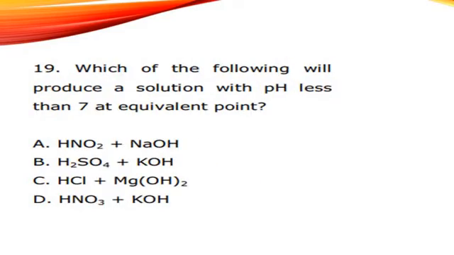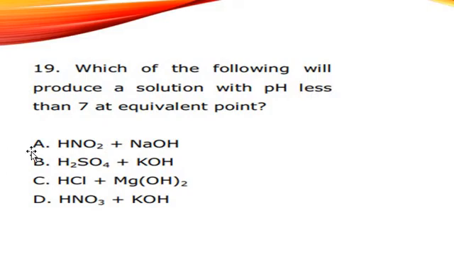Next is question 19, which says which of the following will produce a solution with pH less than 7 at equivalent points? To know this, you have to know what having a pH less than 7 implies. What it actually implies is that the solution is acidic. So you should be on the lookout for a solution where you have a strong acid but a weak base.